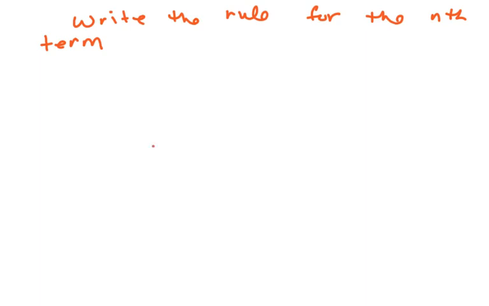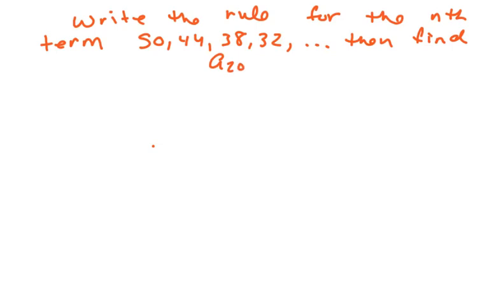So, 50, 44, 38, 32, and then find a sub 20. Okay, so we know that our rule is a sub n equals a sub 1 plus n minus 1 times the common difference. The common difference in this case is -6.